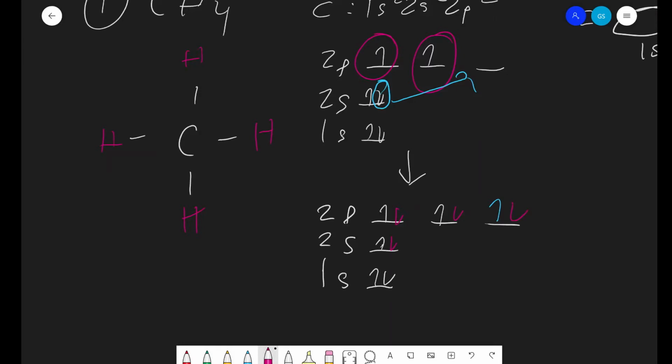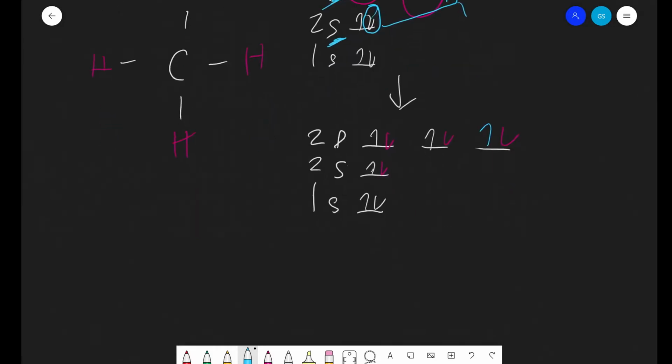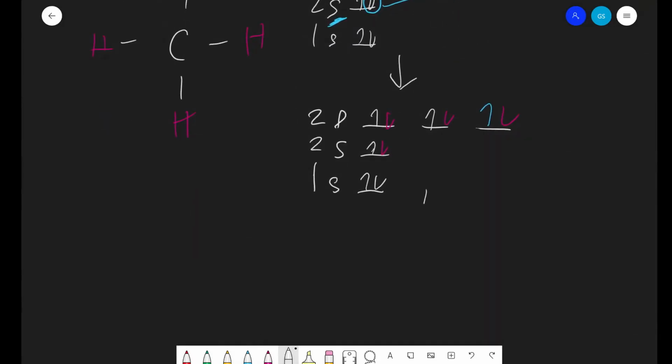This is called hybridization, the idea of mixing orbitals. We just mixed an s orbital with a p orbital. So really, the diagram for this hybrid orbital would be: you have your 2s here, and then you have your 2p here.